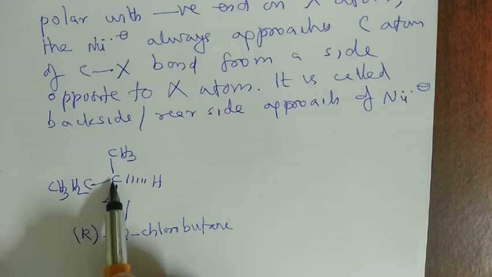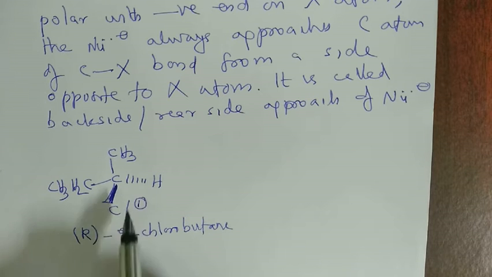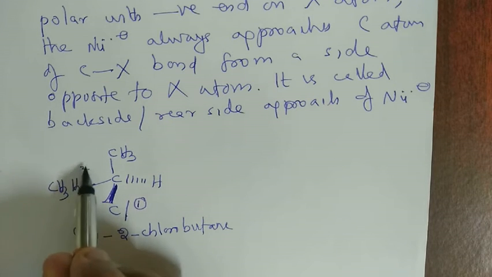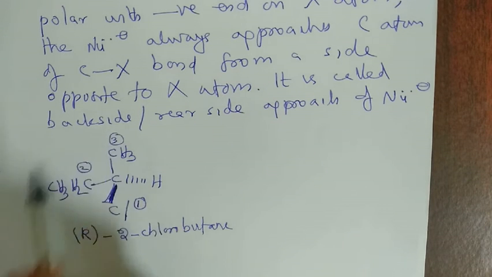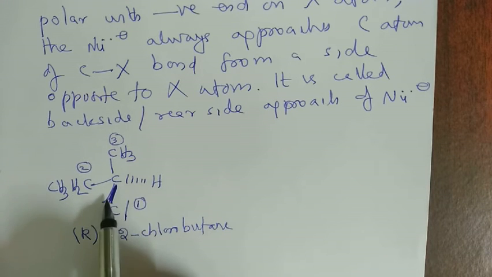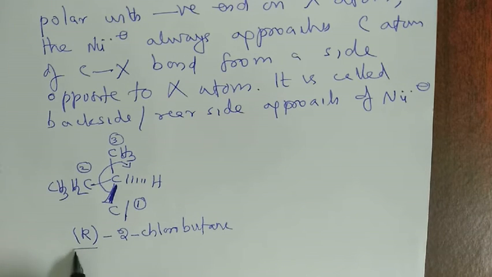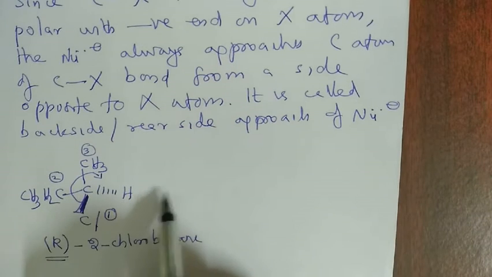The second carbon atom is asymmetric. The highest priority group is chlorine, second is the ethyl group, third is the methyl group. The lowest priority group is pointing away from the observer. So 1, 2, 3 runs in clockwise direction, hence the isomer is R.